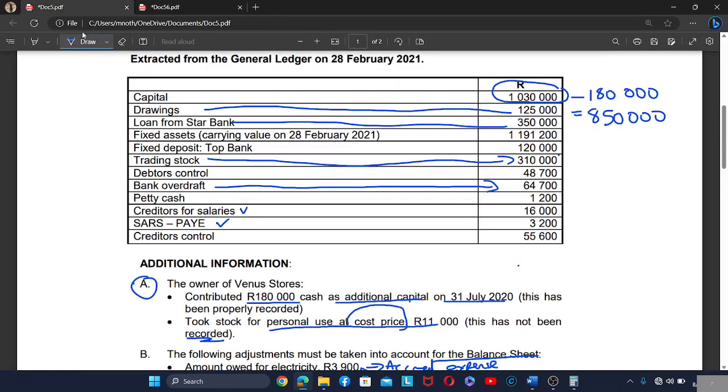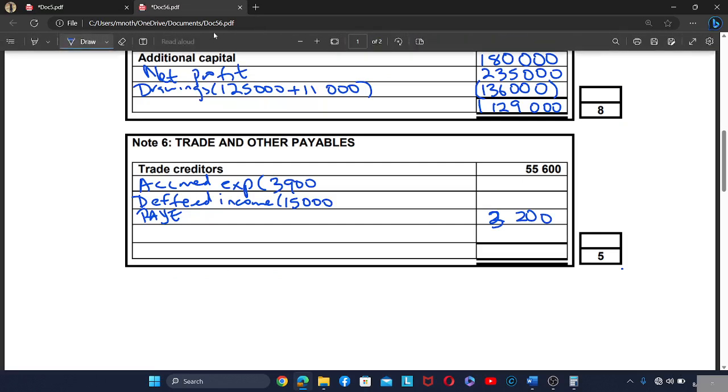And then creditors for salaries, 16,000. Remember, the creditors for salaries, this is a net salary. And then here we have 3.9. This is going to be 15,000.